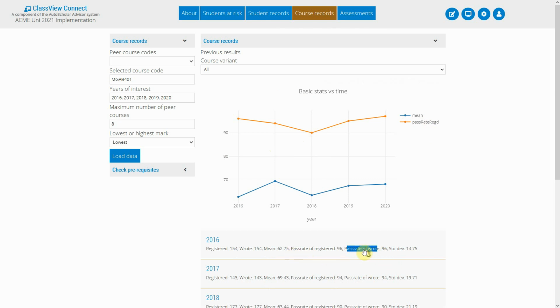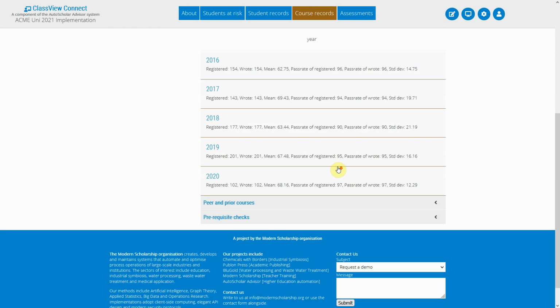So you can do this in terms of students who wrote versus students who registered, because sometimes that's not the same. Sometimes the students who originally registered don't finally write the final exam for whatever reason. So just bear in mind, this is based on students who wrote. So that's your basic course records.